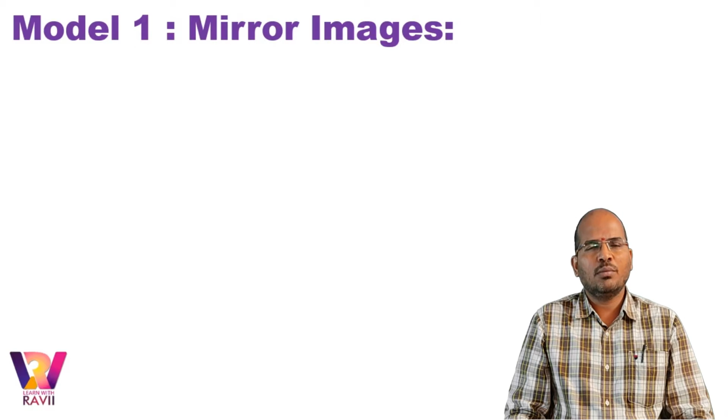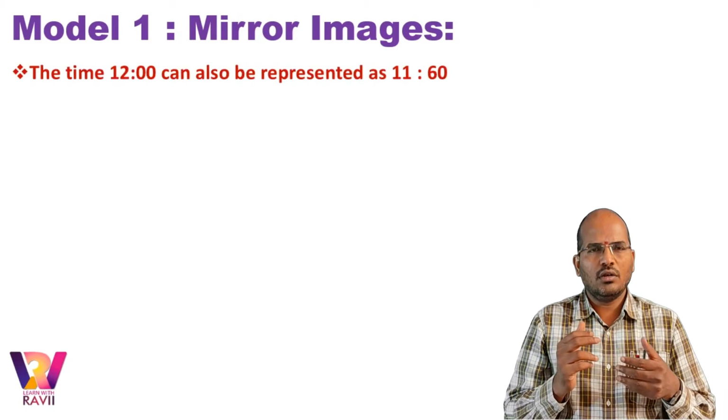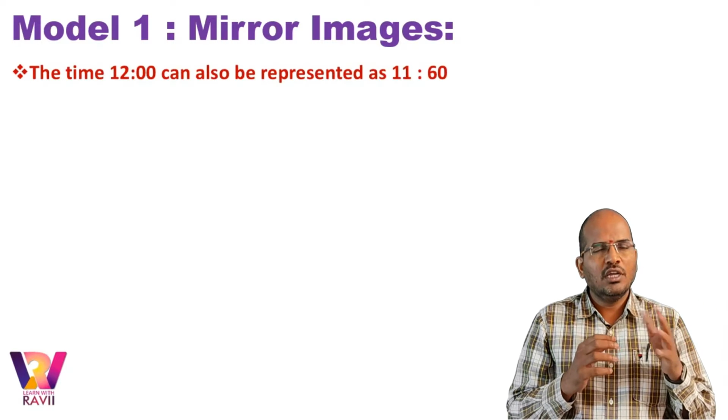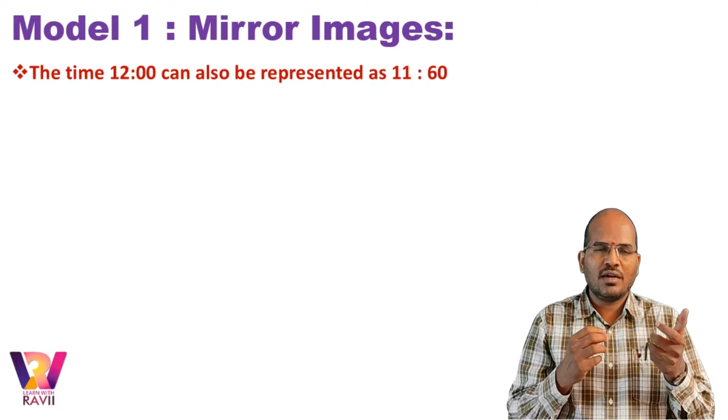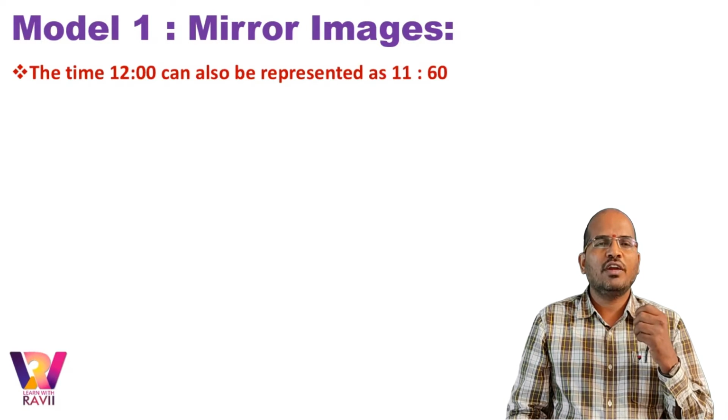How is the modification found? You can express 12 hours as 11 hours 60 minutes, isn't it?